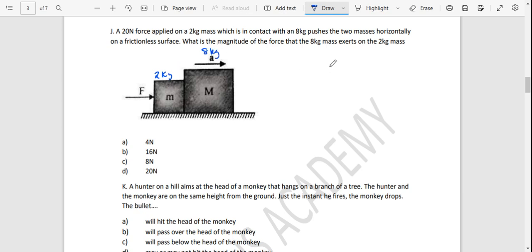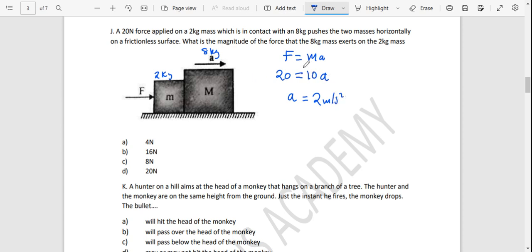You've applied a force on the 2 kg mass. Firstly, we should find the acceleration at which these two masses are going to move. The force that we are applying is 20. Since the masses are in contact, we are going to add them. 2 plus 8 gives us 10. So the net acceleration at which they will move is 2 meters per second squared.